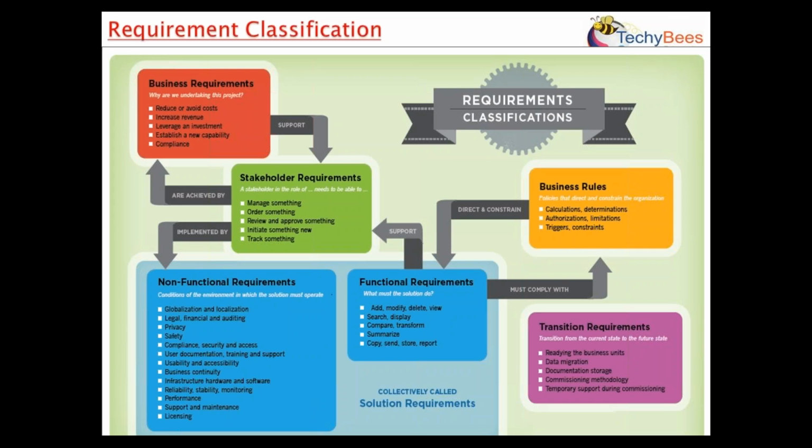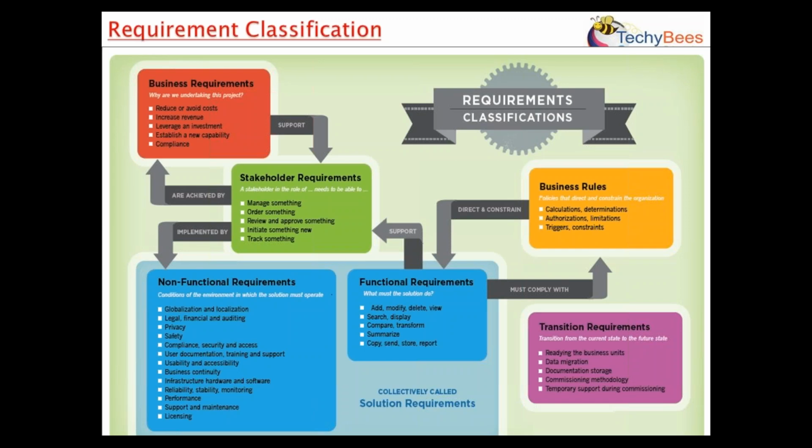Once the business requirement is identified, the next step is to identify the solution requirements. From the stakeholder requirement, you decided what can be done and what cannot be done. What is possible, with proper justification, you add as a business requirement.